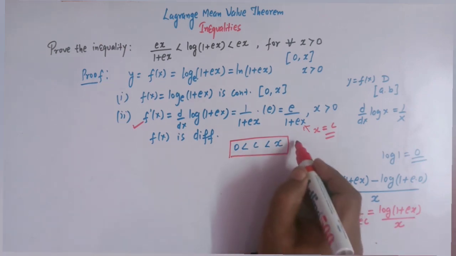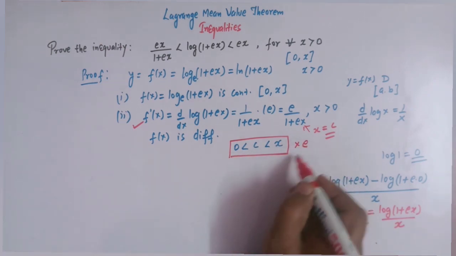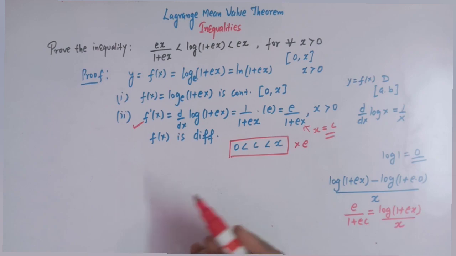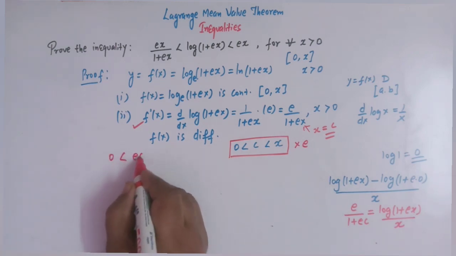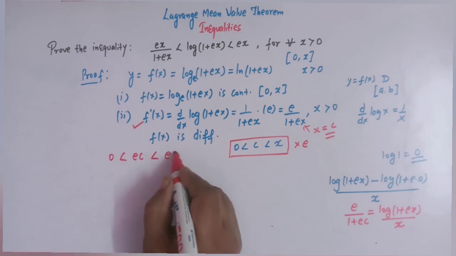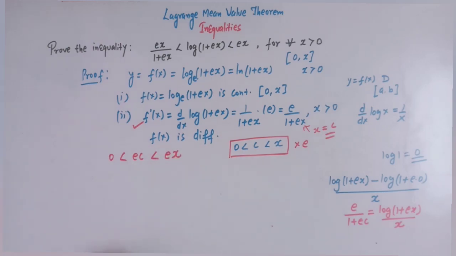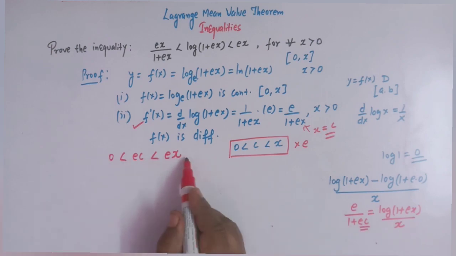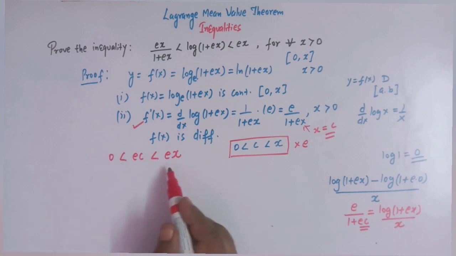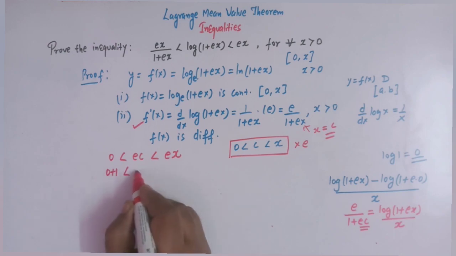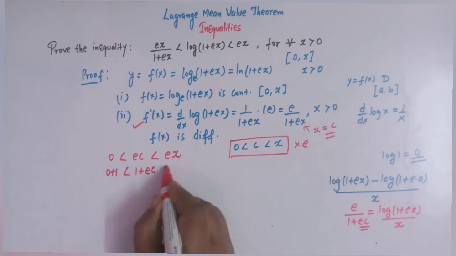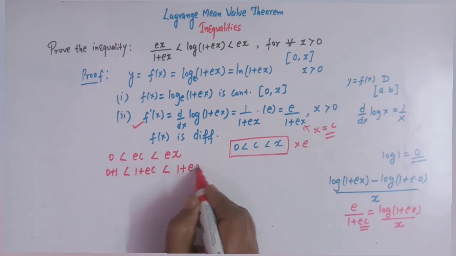So if we multiply this inequality throughout by e, where e is the positive number, so we have 0, here we have ec, and here we have ex, right? Okay, so now see, here we have 1 plus ec, so what we will do, we'll add 1 throughout this inequality. So what we will have, here we'll have 0 plus 1, here we have 1 plus ec, here we have 1 plus ex, right?